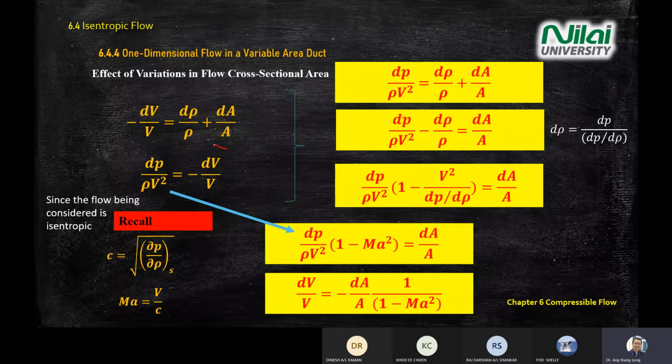So next, you replace this one over here, and then you move the Mach number to the right hand side. You rearrange with this one, substitute here. This one, you rearrange, it becomes a V form: dV over V, this is velocity, equal to negative dA over A, 1 over 1 minus Mach number square.